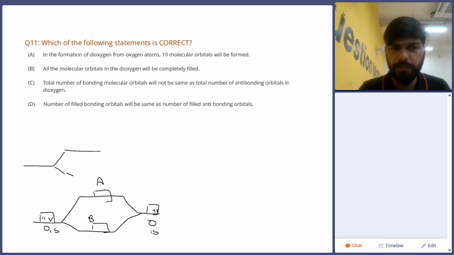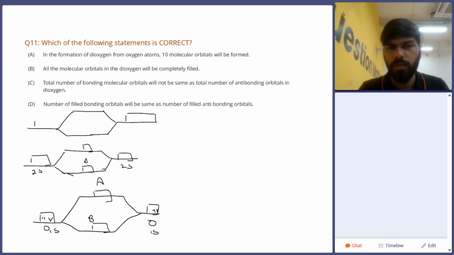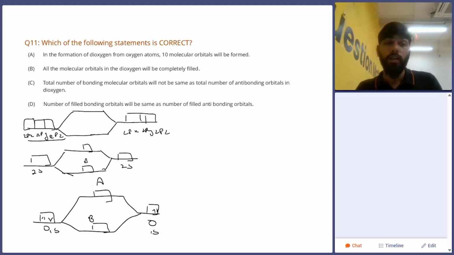Then here it is 2s, 2s, bonding and anti-bonding. So 1, 2, 3, 4, and then 2px, 2py, 2pz, 2px, 2py, 2pz. So 1, 2, 3, 4, then 3 more is 7, 7 plus 3 is 10. So a total of 10 molecular orbitals will form. That is correct. Option A is correct.